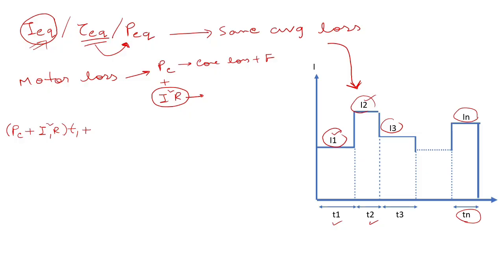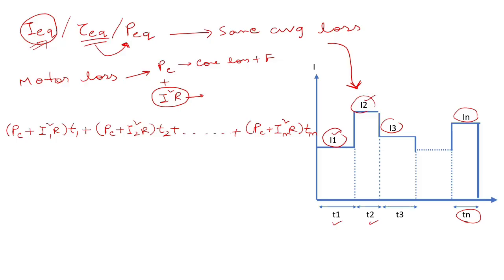Now for T2, similarly we will have PC plus I2 square R, for T2. Similarly we will also have PC plus In square R into Tn for the Tn time interval.